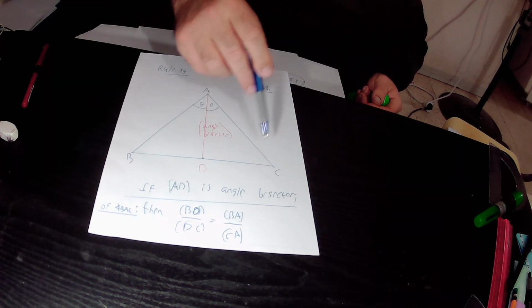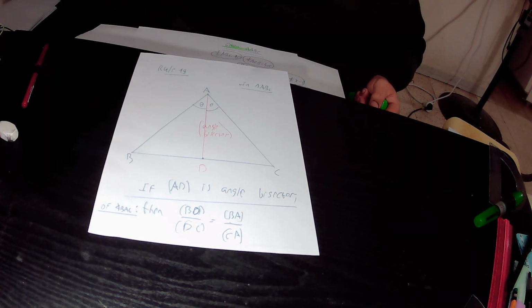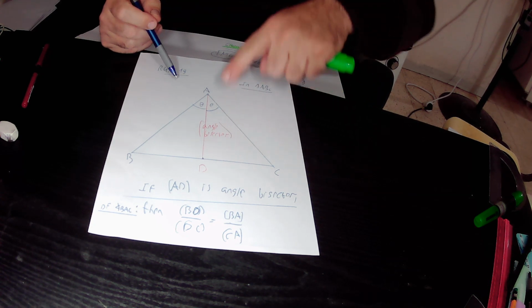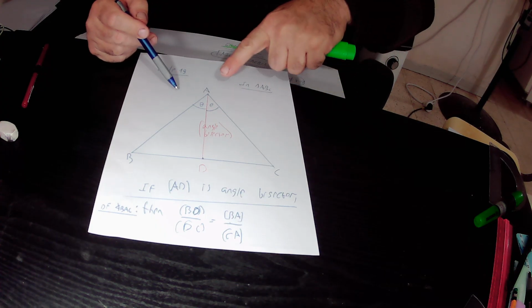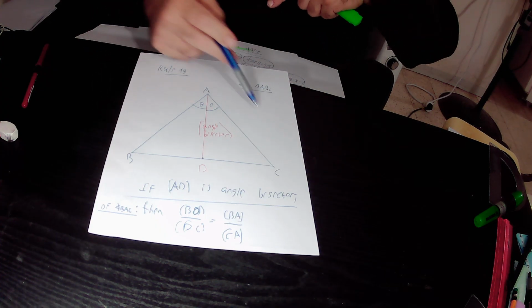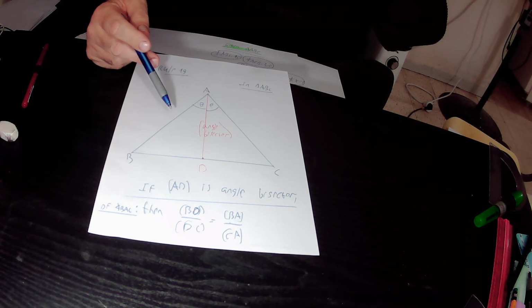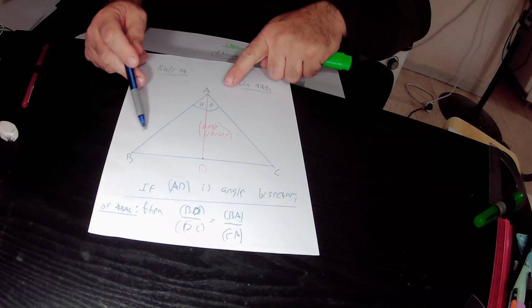This is triangle ABC. That could be any triangle. AD is the angle bisector of angle BAC in triangle ABC. That is to say, AD bisects angle BAC into 2 halves.